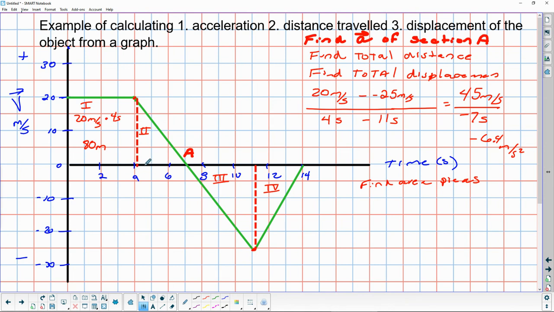It is 20 meters a second high times, it goes from 4 to 7, 3 seconds, divided by 2 because it's a triangle. Remember, triangles are base times height divided by 2. So you have to take half for a triangle. So we've got 20 times 3 divided by 2, so that's 30 meters.